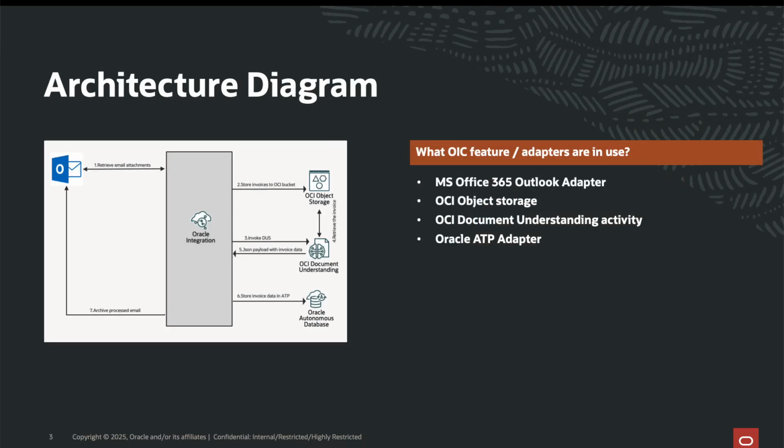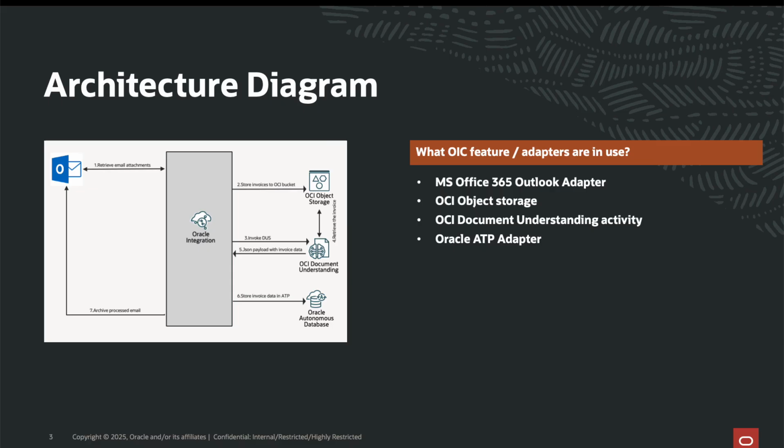So this is the architecture diagram of the solution that we just discussed. The OIC runs on a schedule. It retrieves the email and the email attachments from the Outlook account. It then takes the invoice attachment and stores it in an OCI bucket.